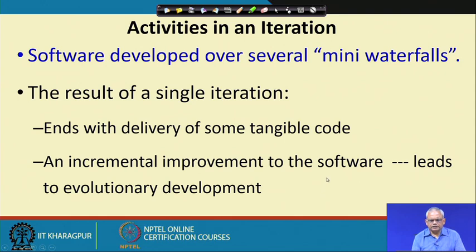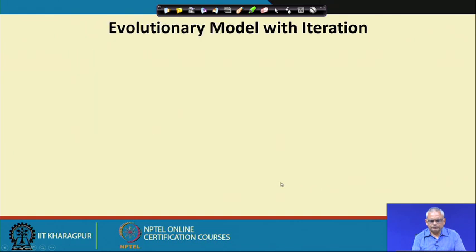Each iteration is actually a mini waterfall. After a single iteration, some code is deployed and the client expresses what is required next, and this leads to the evolutionary development.